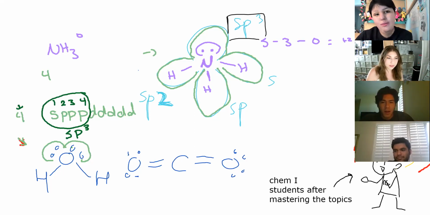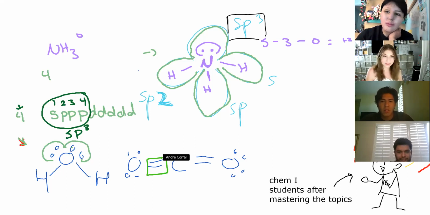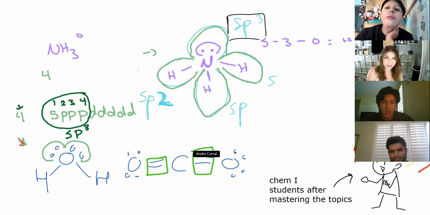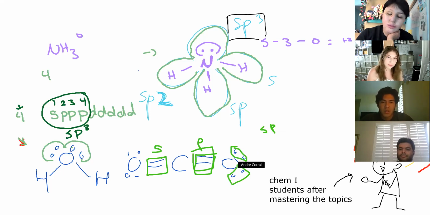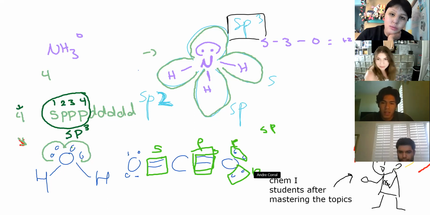So for carbon in this example, you count these as one thing when you're doing hybridization, and you count it as one thing. So I just go S and then P. So I know that the carbon there is sp hybridized. But if I'm looking at the oxygen, I count this one again, and this one again, and I just go S, P, and P. So I know that that's SP. And how many P's were there? There were 2, so that's 2.